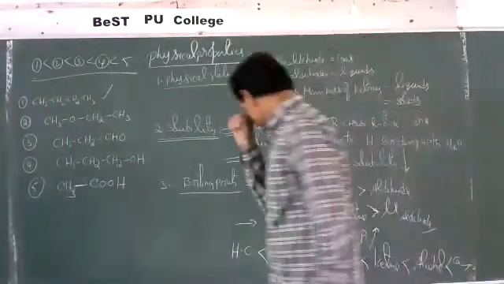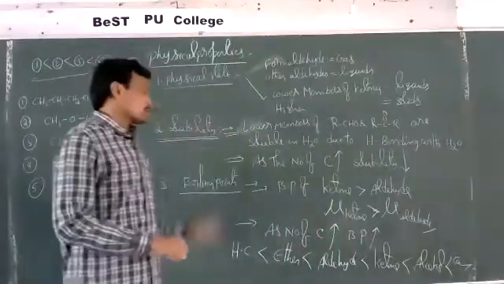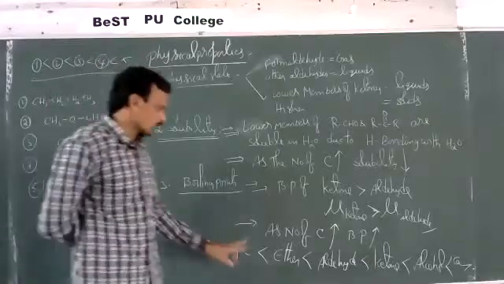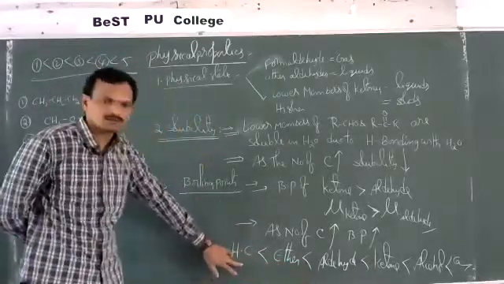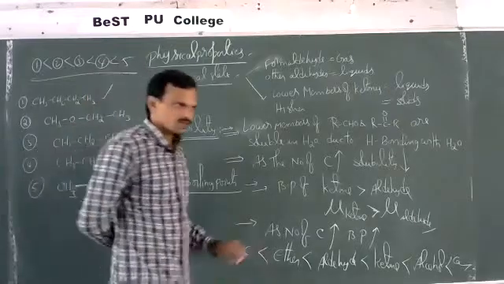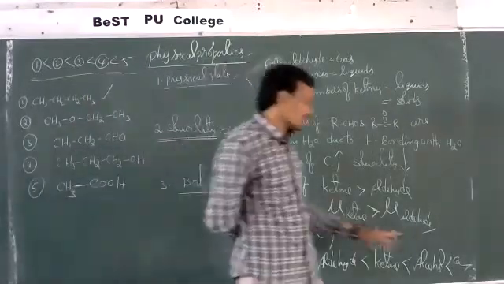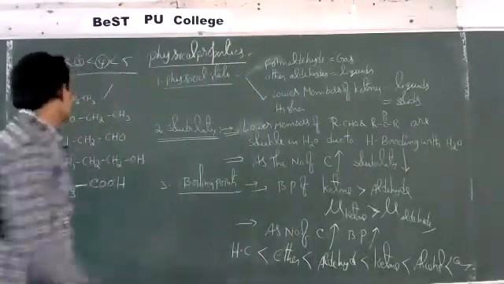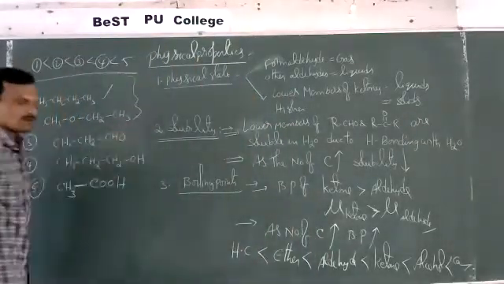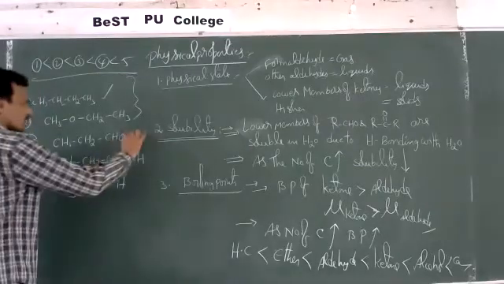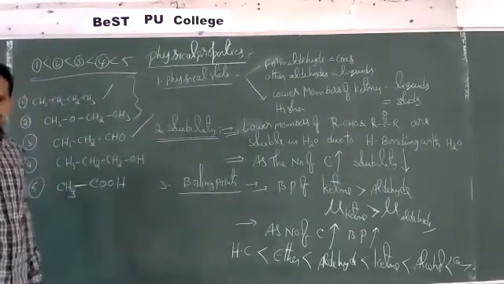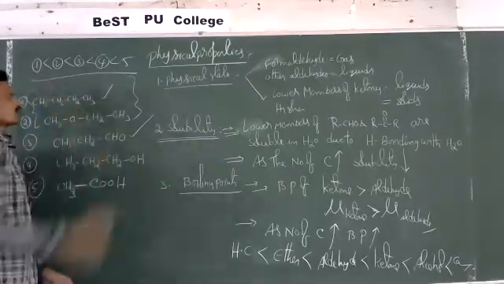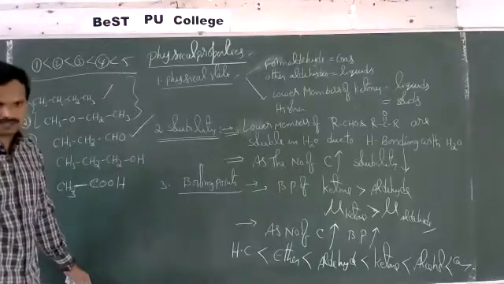See once again. The boiling point of aldehydes and ketones is more than that of hydrocarbons and ethers with nearly similar molecular mass, but less than that of alcohols and carboxylic acids. Why? Compared to hydrocarbons and ethers, the dipole-dipole interactions in aldehydes and ketones are more.